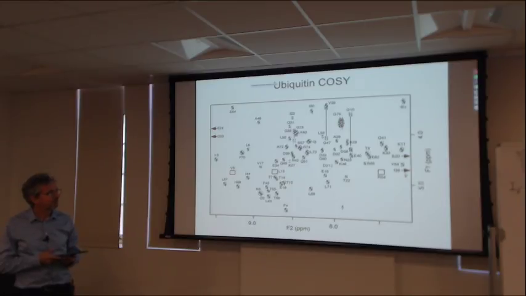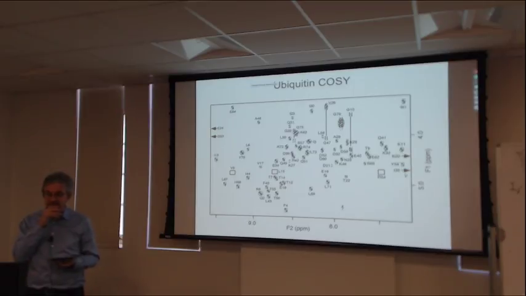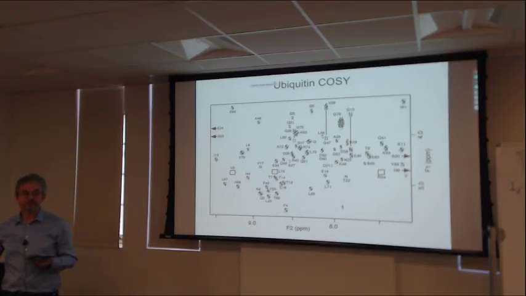But the point I really want to make about this is, imagine that I made a matrix in which the rows were the H alpha numbered from 1 to 76. Ubiquitin has 76 residues. And then the columns were the amide protons numbered 1 to 76.